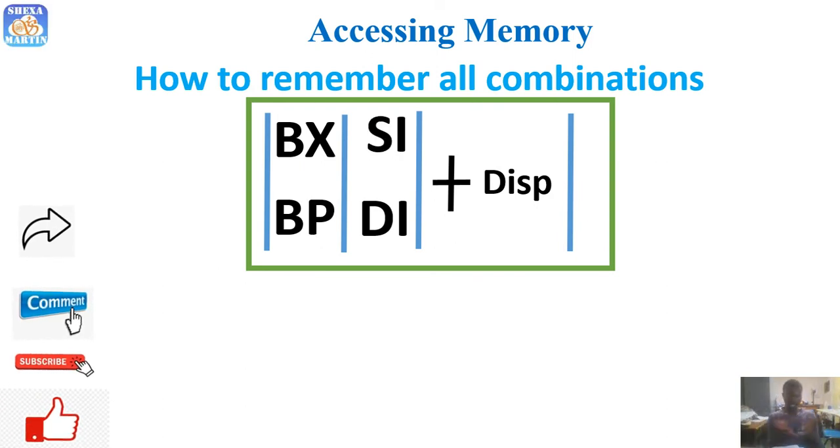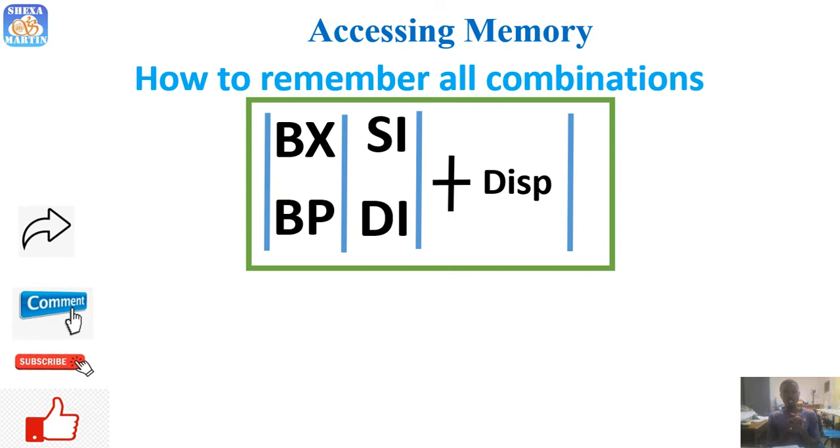So this is how one can easily remember all the combinations. You choose at least one register from each of these columns. You may choose to add displacement. You may choose to use 2 registers, one from each column, and displacement.